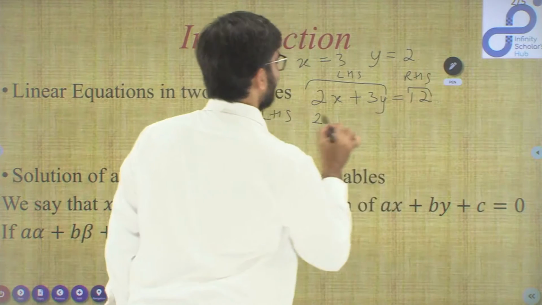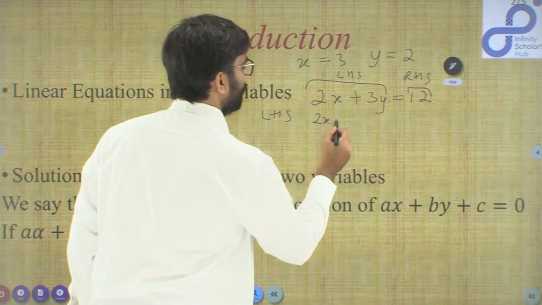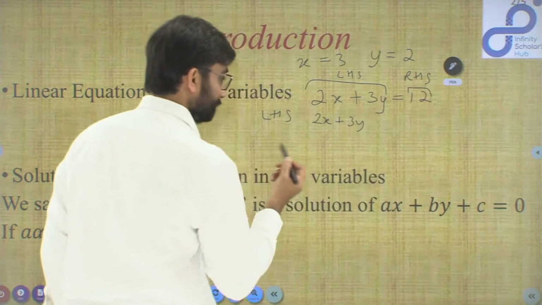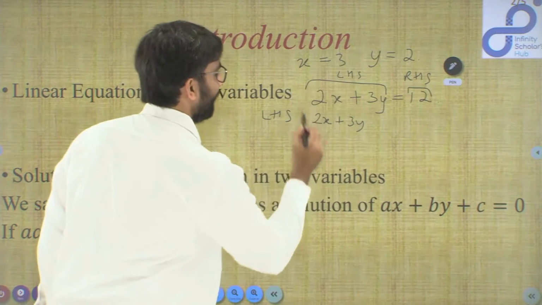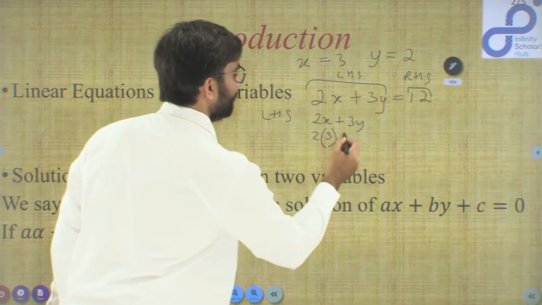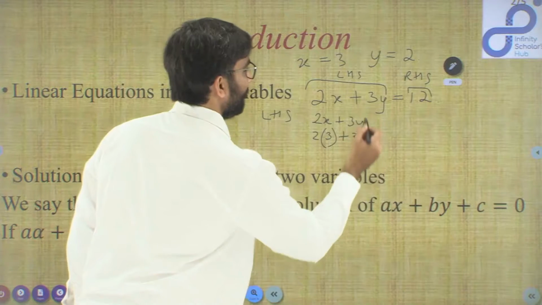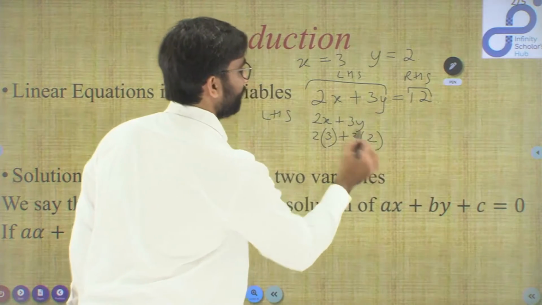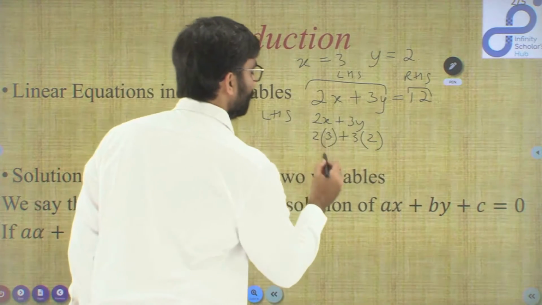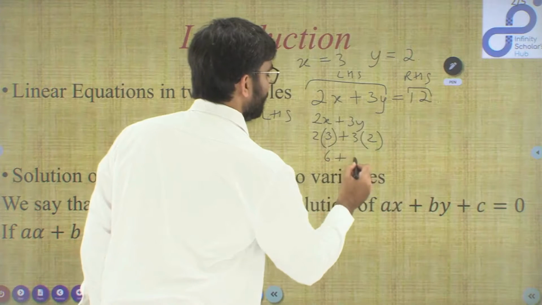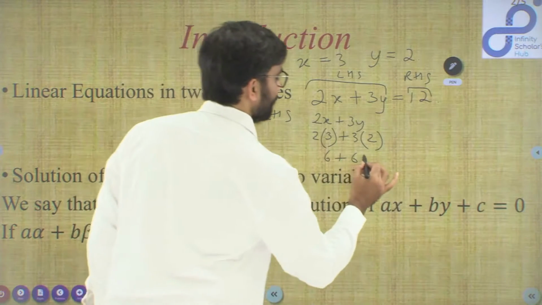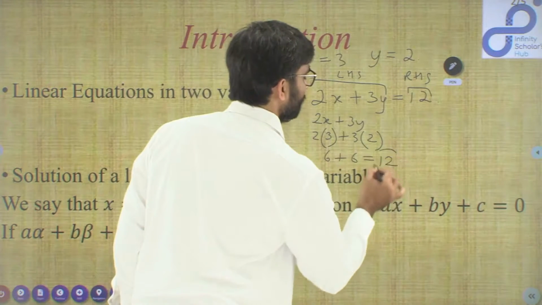So the LHS is 2x plus 3y. On substituting the values, that is 2 multiplied by 3 plus 3 multiplied by 2, because in place of y we put 2. So 2 3s is 6 plus 3 2s is 6. So 6 plus 6 equals what?